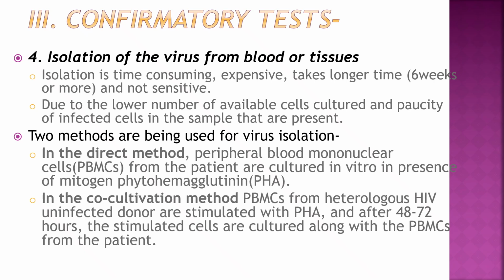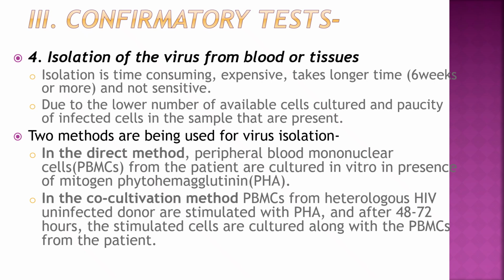In confirmatory test, fourth is isolation of virus from blood or tissue. Isolation is time consuming, expensive, takes longer, 6 weeks or more, and is not sensitive due to the lower number of available cells cultured and paucity of infected cells in the sample. Two methods are used for virus isolation: indirect method and co-cultivation method.